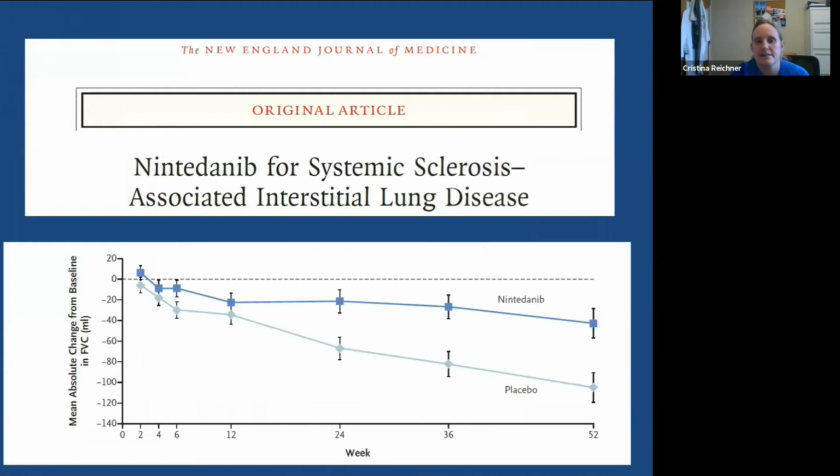So this is the SENSCIS trial that, again, Georgetown, Dr. Steen was part of, looking at nintedanib in the use for systemic sclerosis associated interstitial lung disease. It was a double-blinded placebo-controlled trial, and you can see that the patients on nintedanib had less decline in the FVC. So we do use that now for patients with scleroderma-associated ILD.